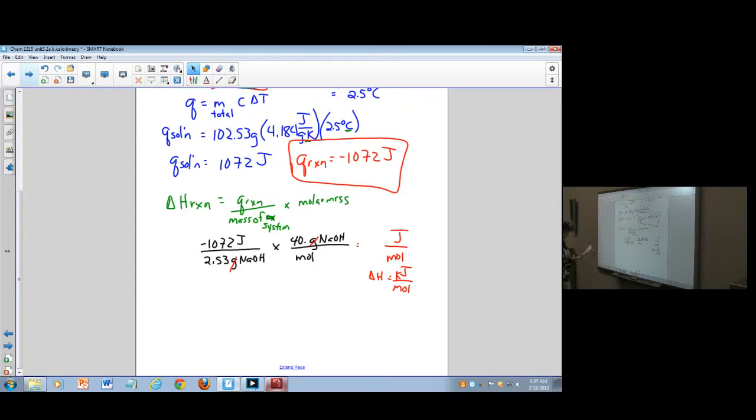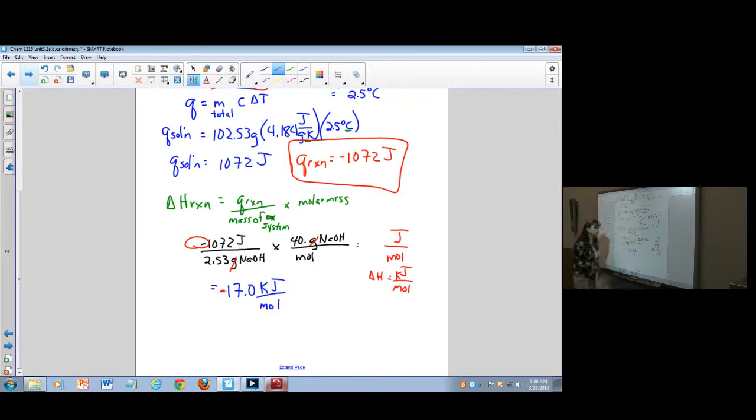So in this case, the answer is basically 16,955 joules per mole. I'm going to say 17.0 kilojoules per mole. Have I done that right? No, I didn't bring my negative sign down with me.